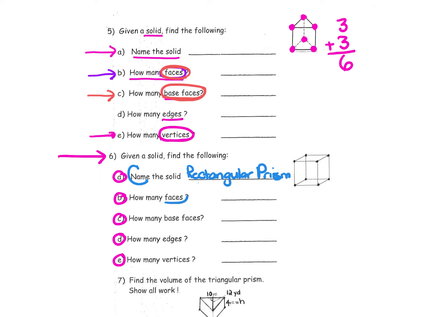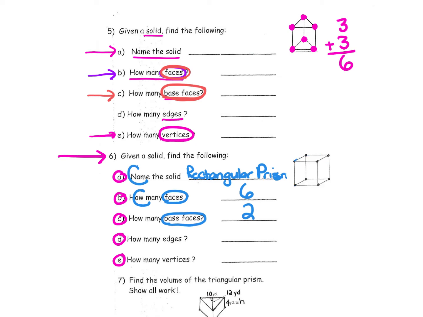How many faces? Well, there are 6. 2 top and bottom, 2 front and back, and 2 faces side and side. As far as base faces go, there's 1 on the bottom and a base face on top, so there are 2.